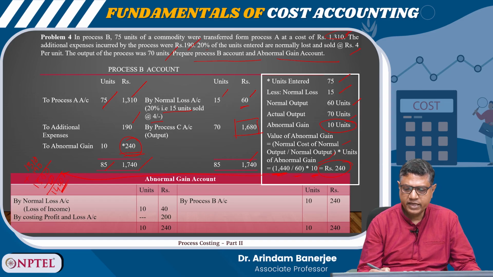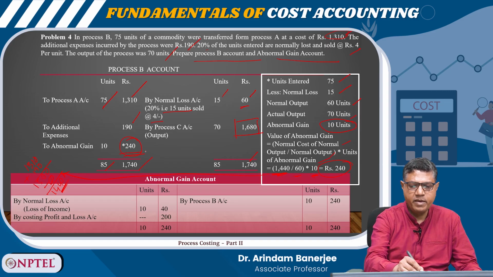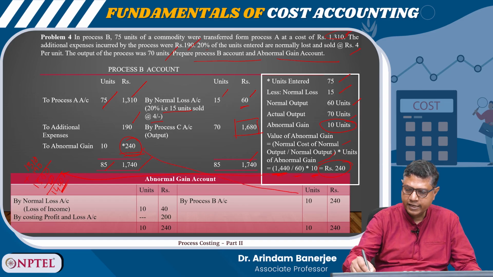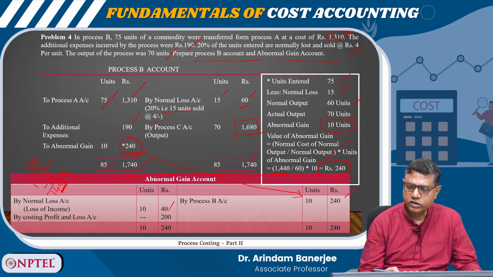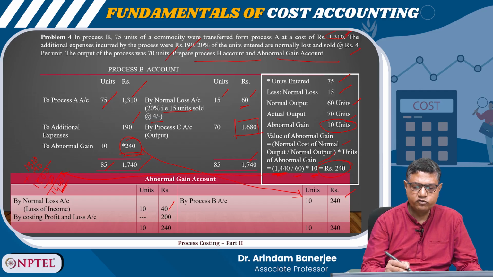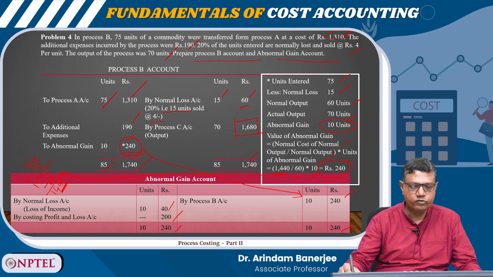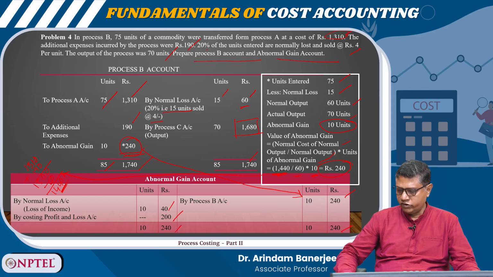I am transferring from the process B account the abnormal gain, 240, right. Normal loss is 40, so the costing profit and loss account transfer is 200. So, it is 240 and 240. This is illustration 4.